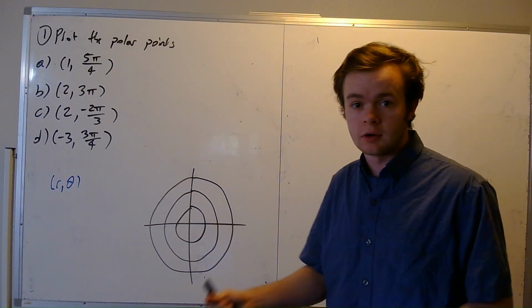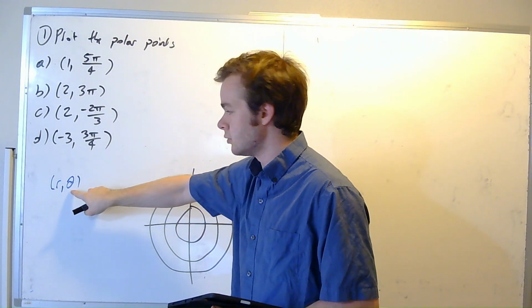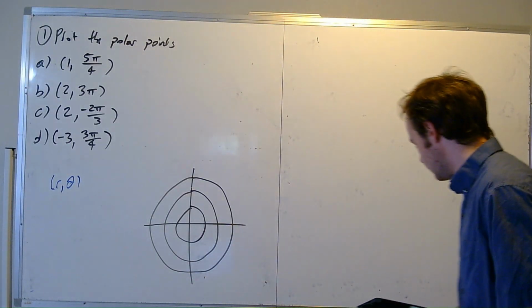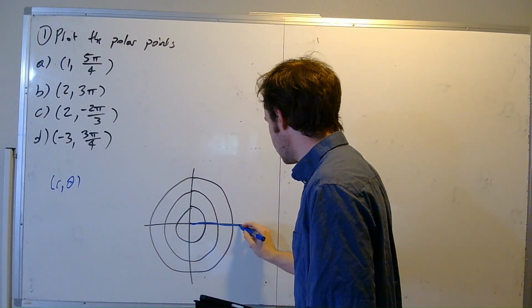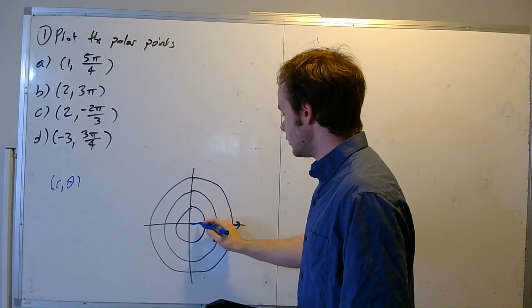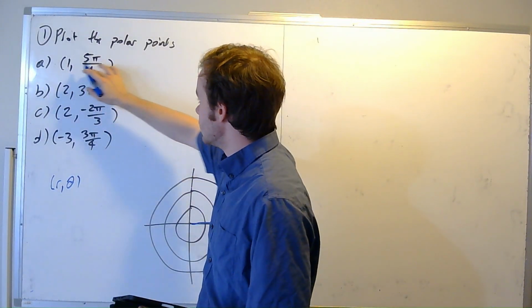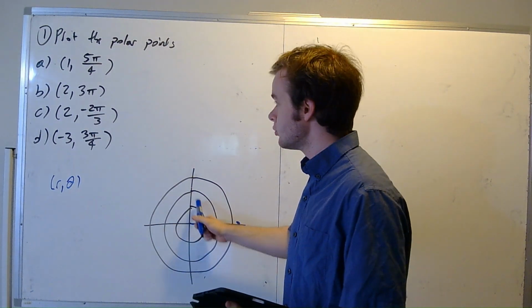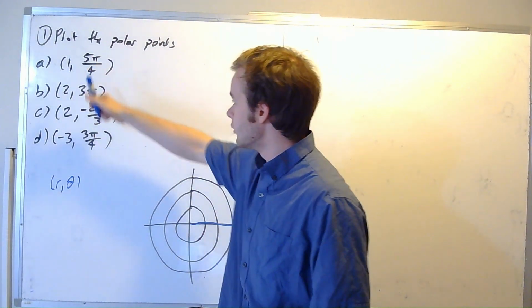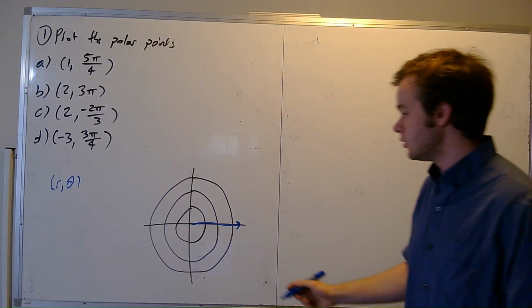Now, exactly where it lies on the circle is determined by this angle theta that tells us where it lies on the circle, right? So again, this is our polar axis. So we consider theta going from this axis. So the first one is (1, 5 pi over 4). So it lies on this circle of radius 1, and the angle is 5 pi over 4. So if you had 4 pi over 4, that's pi, or 180 degrees.